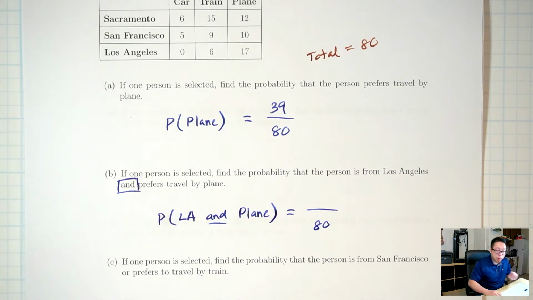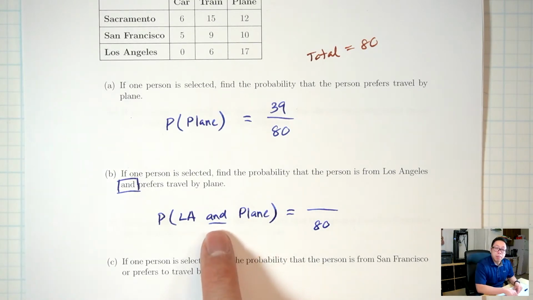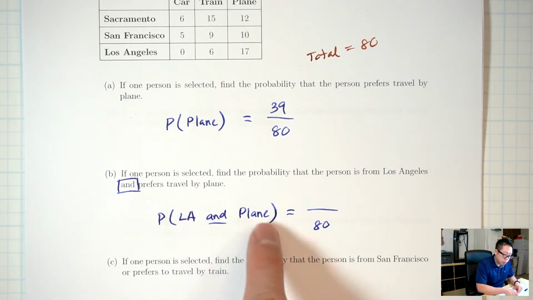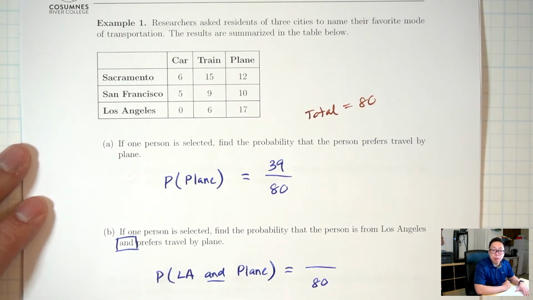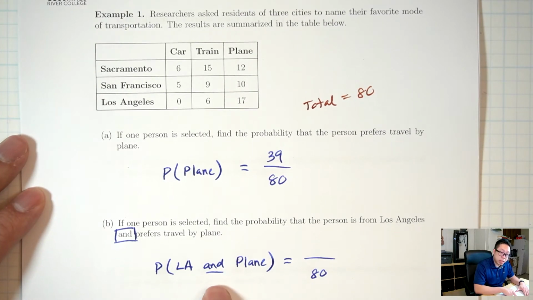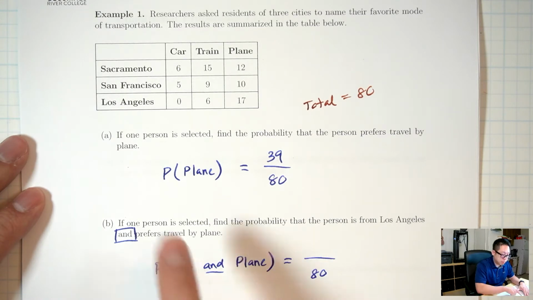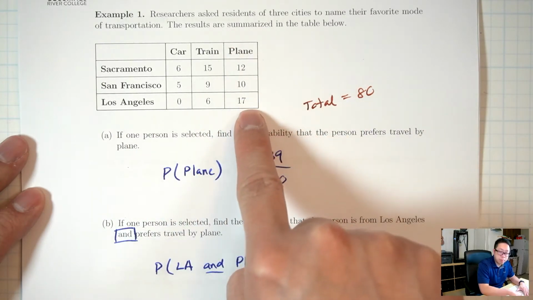And then remember, in probabilities, the word and means I want people who satisfy both of these requirements at the same time. Okay, so how many people are from LA and at the same time prefer travel by plane? And as a hint, for ands, it should be a single box. So which box represents LA plane? LA plane, 17.